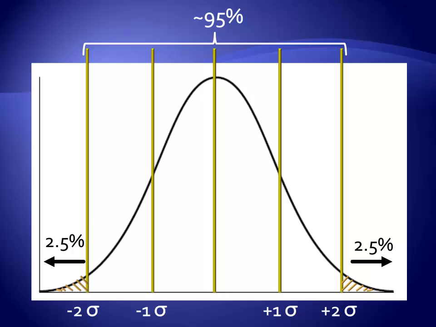Using the 68, 95, 99% rule, we know that approximately 68% of the scores in a distribution lie within one standard deviation of the mean, whereas approximately 95% of the scores lie within two standard deviations of the mean, otherwise known as the range of significance.